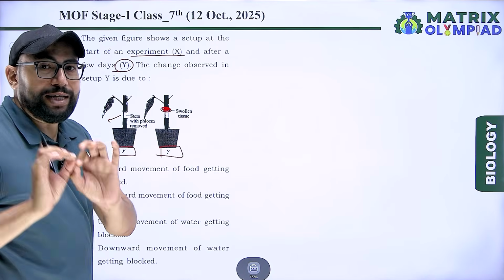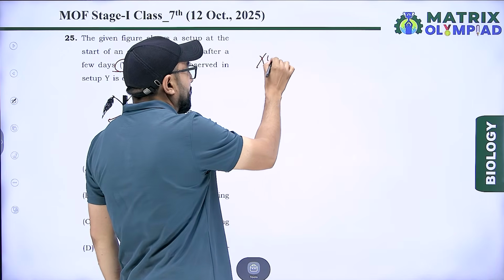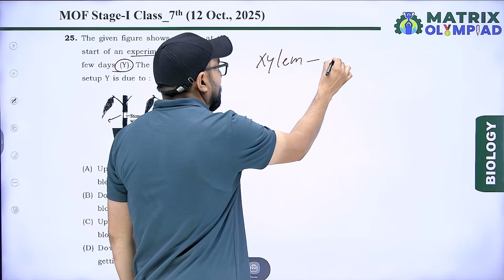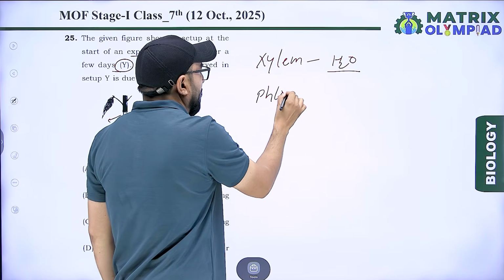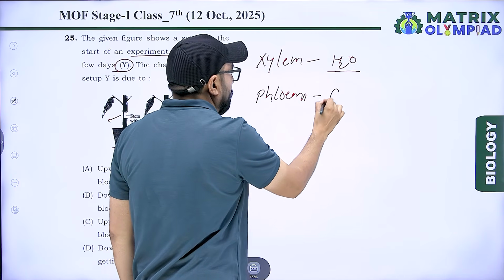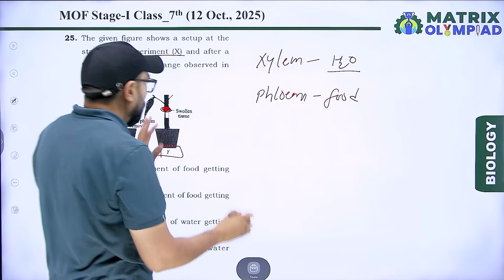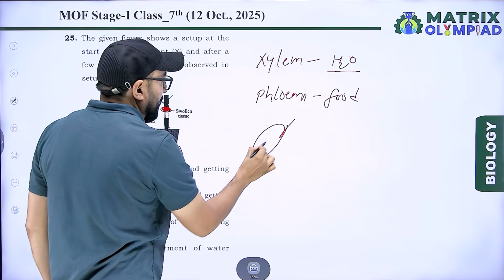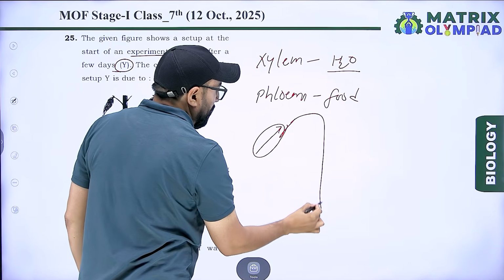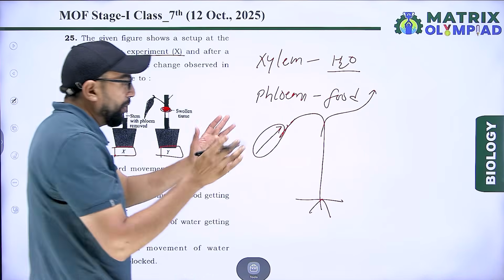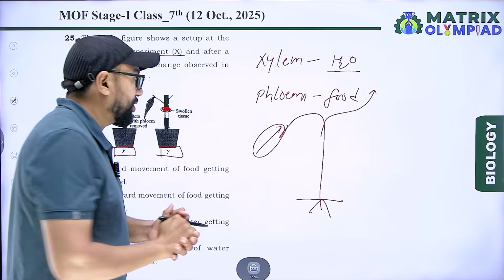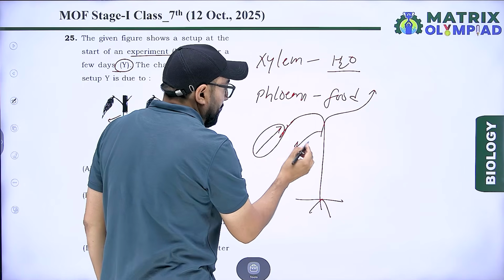First of all, our concept is that xylem helps in conduction of water and mineral. Phloem helps in conduction of food, from the leaf to all parts of the body, in multi-directional or bi-directional flow.